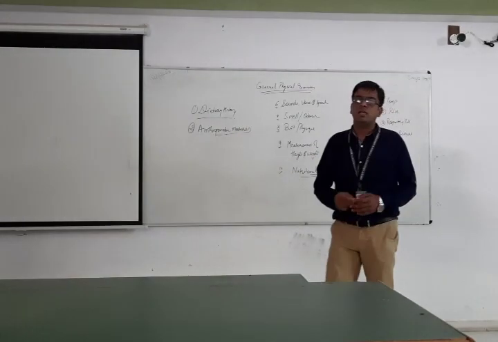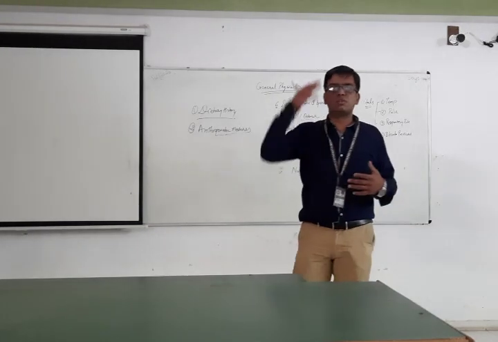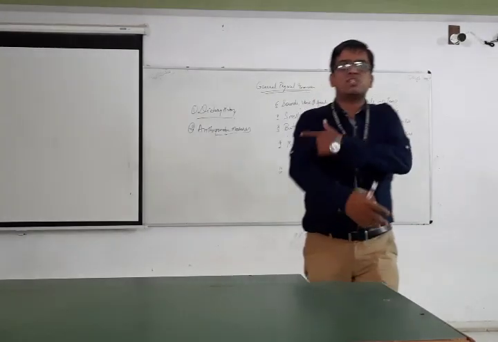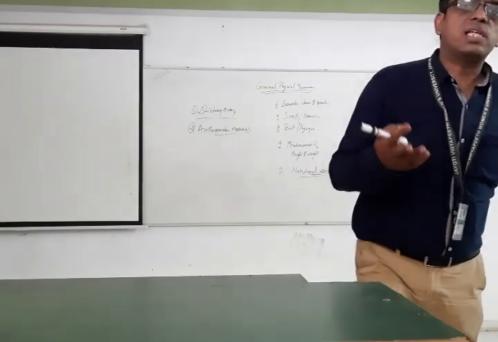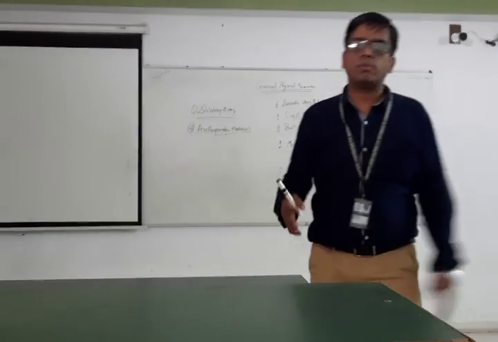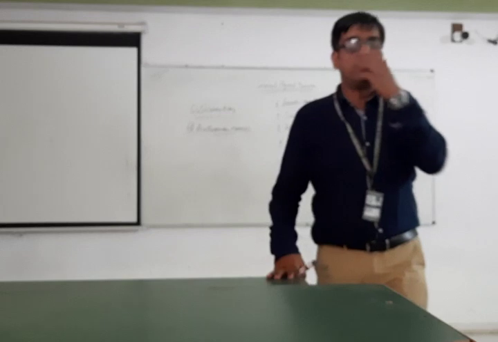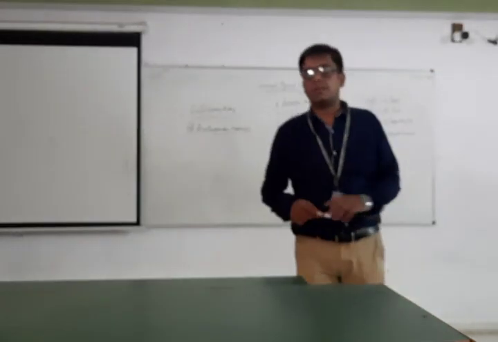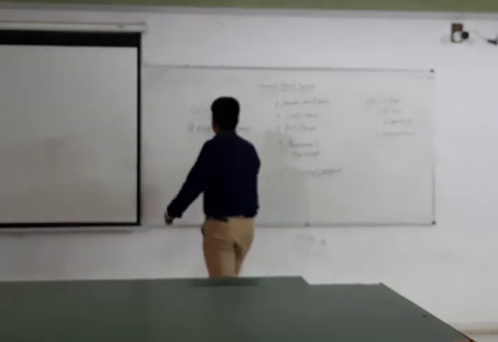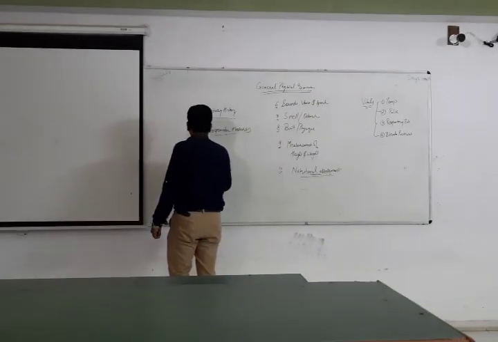Anthropometry means the measurement of head circumference, mid-arm circumference, and hip-waist ratio. All these things have to be measured in the anthropometric measures to arrive at a diagnosis in the nutritional assessment.